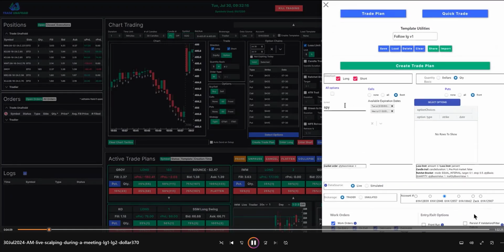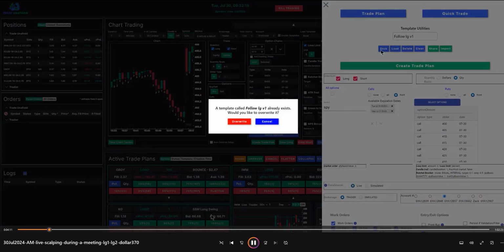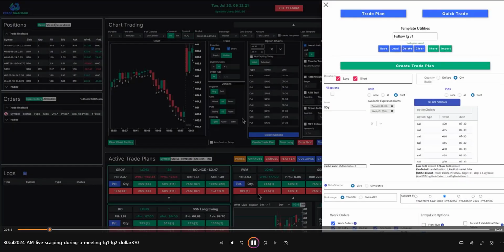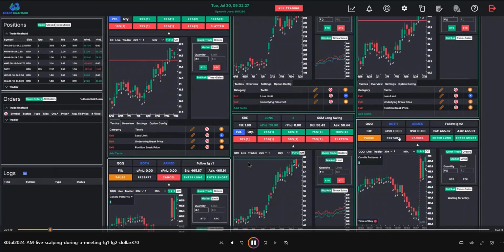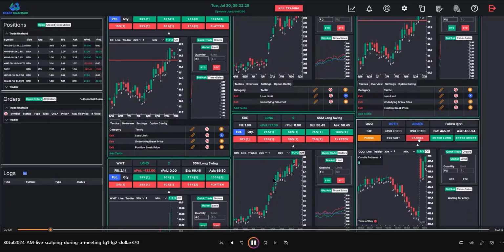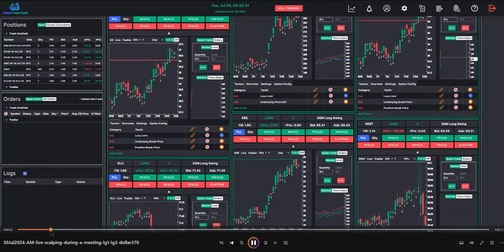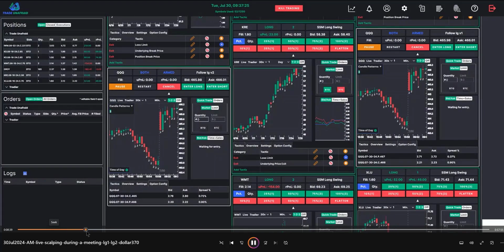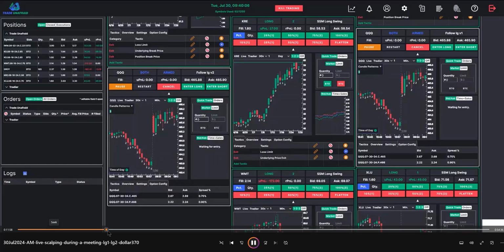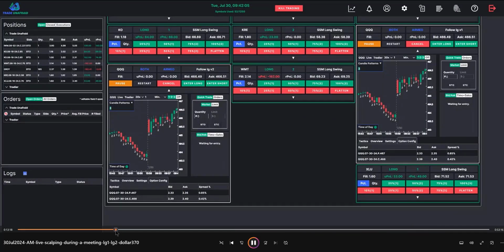I just changed that to between 1 and 3 because I realized that it was just too tight. The in the money calls and puts were too expensive to limit it to $2. Okay, so that's what just happened. So I updated those trade plans, and now we are zipping over to the first entry.